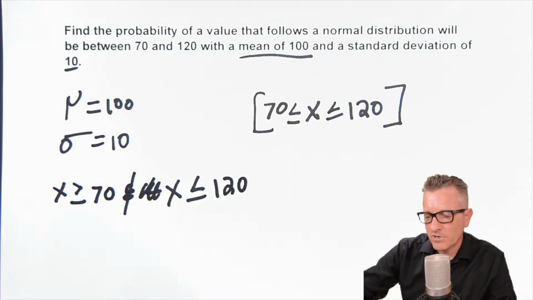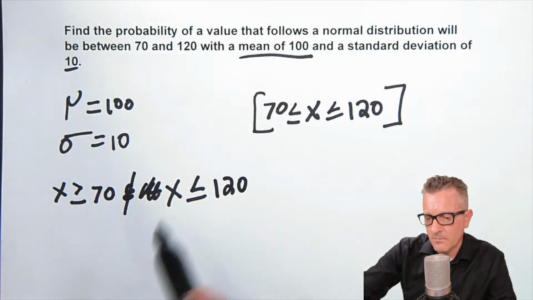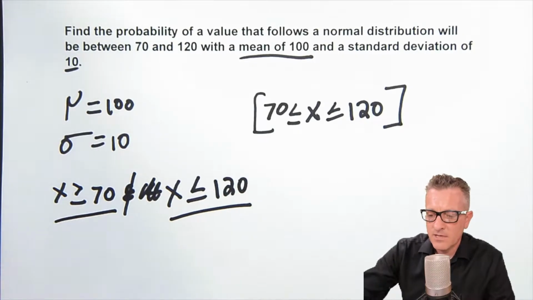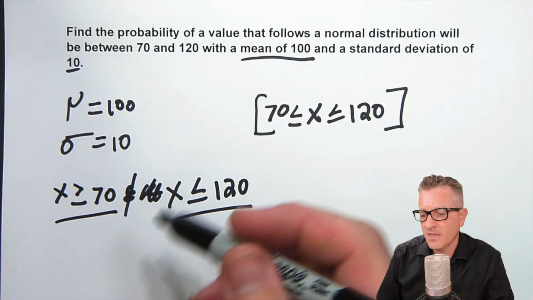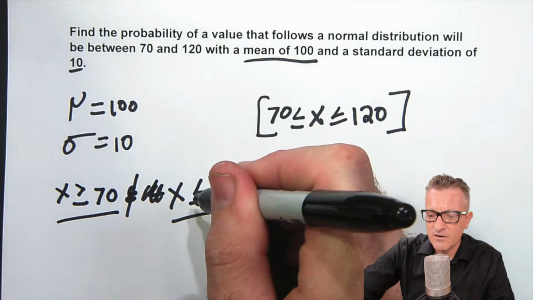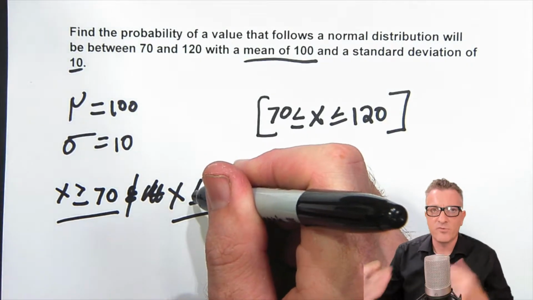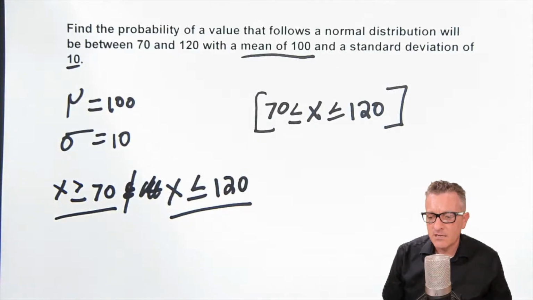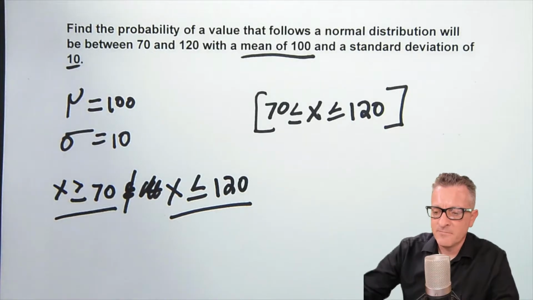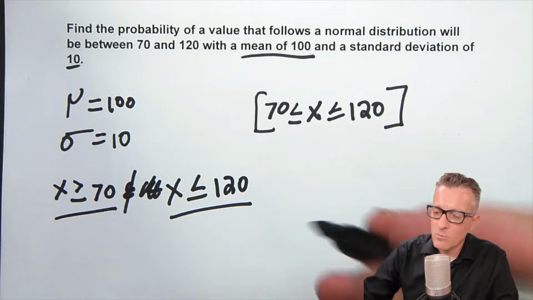Essentially what we're doing here is we have the two problems and we're writing them out like they're one statement, but it's this and that. The reason we do this is so that our inequalities will point both towards the middle, and that's a big cue for the way that we solve this.